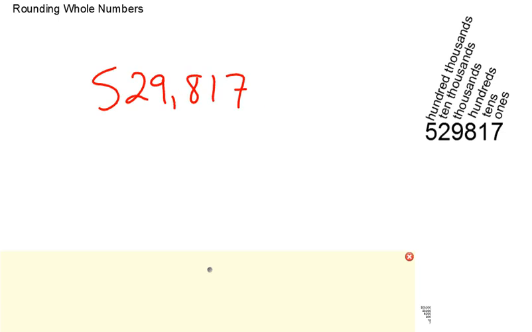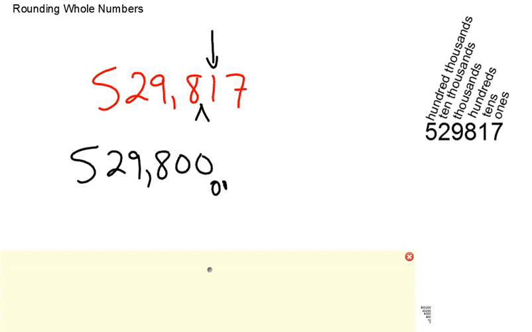We'll try it again. This time we're going to round to the hundreds position. And in this case, the 100 is the 8. So the symbol that we put in, our caret symbol, goes right after the 8. We look to the 1 and we decide, is that great enough to bump that 8 up to a 9, or should it stay as an 8? Because what we are deciding here is is it 529,800 or 529,900?